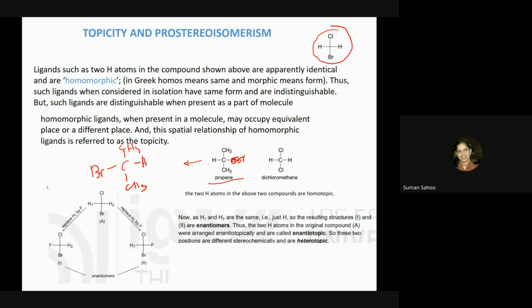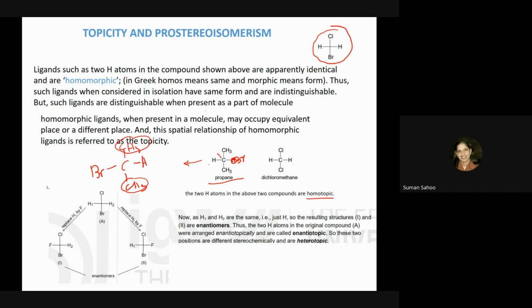Because this is not a chiral molecule, that is not going to give us a chiral molecule. You see, we have the same type of groups on both sides. So in this propane or this dichloromethane, these two hydrogen atoms are known to be homotopic.